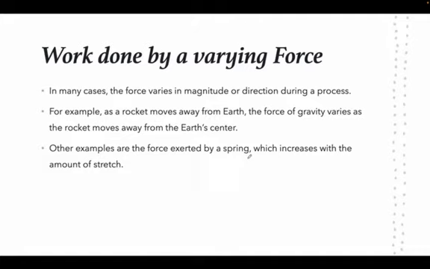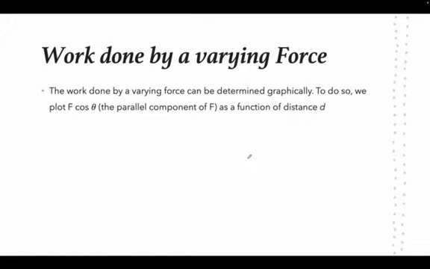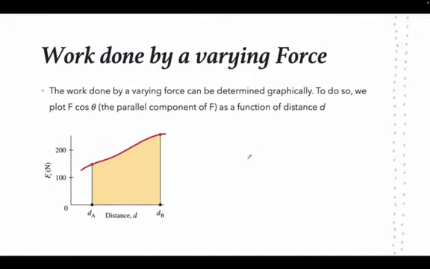So how do we apply our formula of F d cosine theta if the force is not constant? Well, let's look at this. To do that, we would graph the component of the force that's doing the work through the distance. So if it's not constant, we would have something like this.